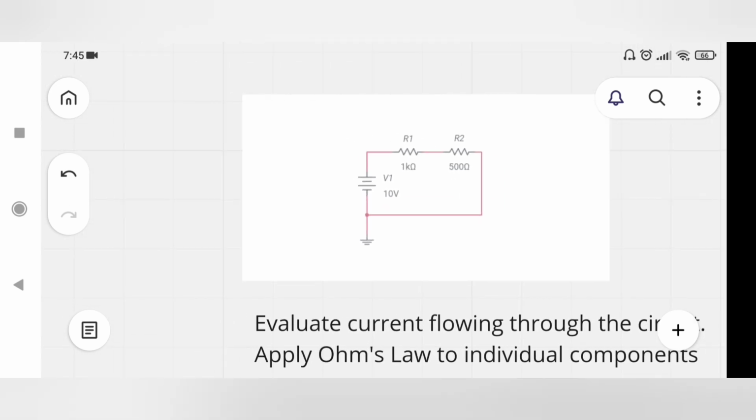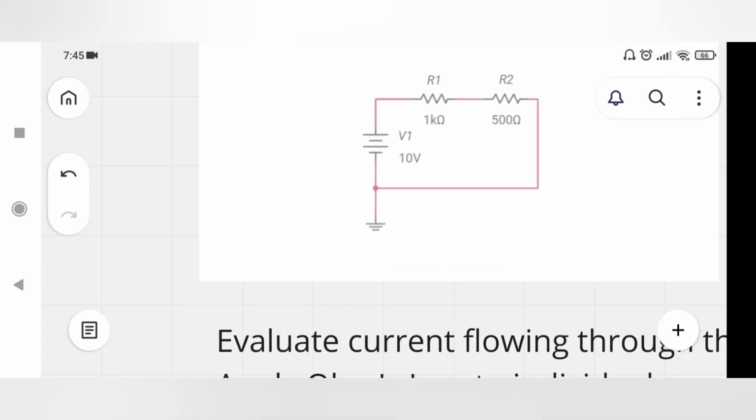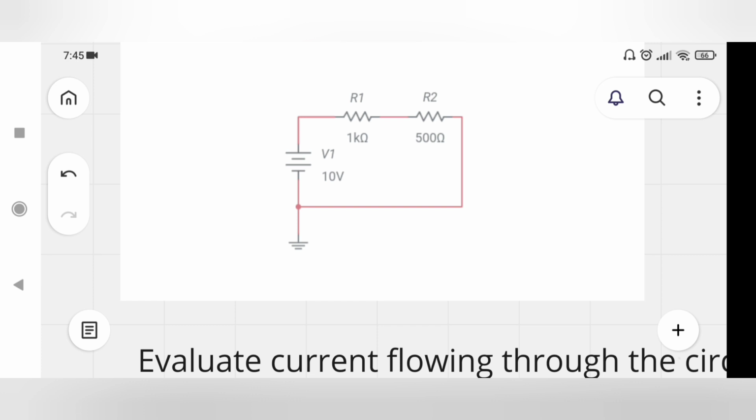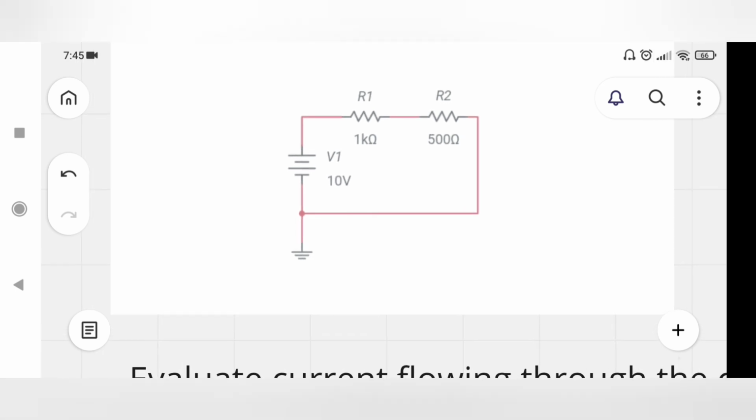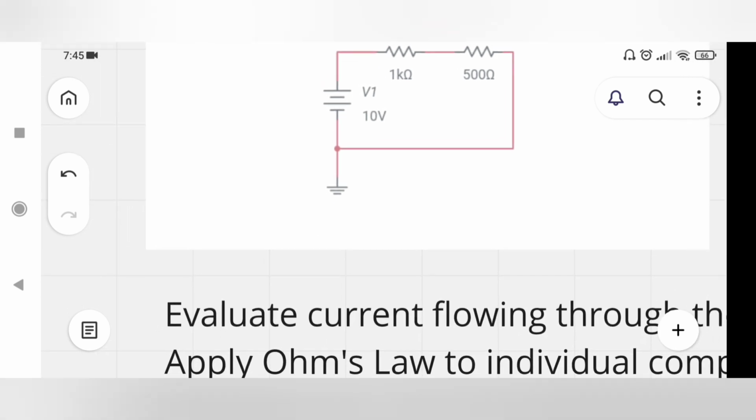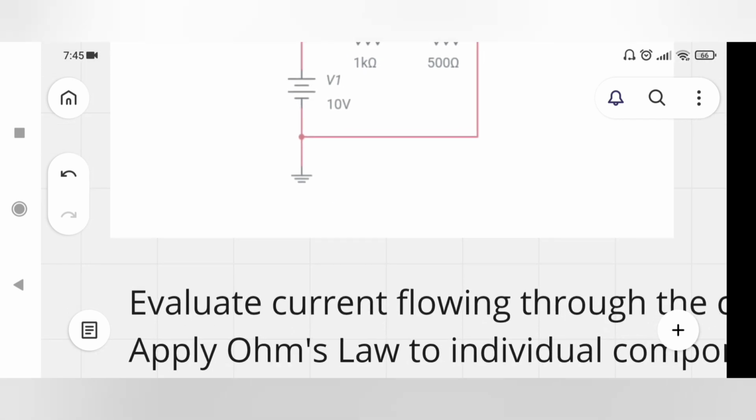Now come to the next circuit. Here again there is a voltage source of 10 volts. R1 is equal to 1 kilo ohm and R2 is now 500 ohm. Now first of all, we need to evaluate the current flowing through the circuit.